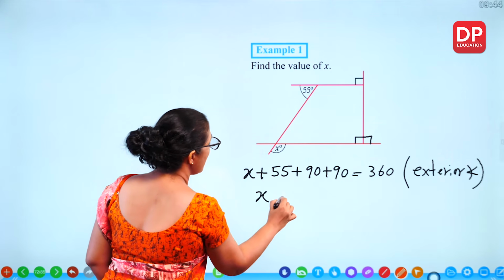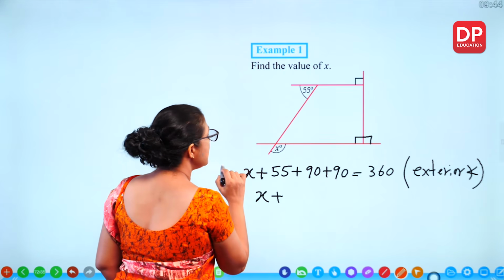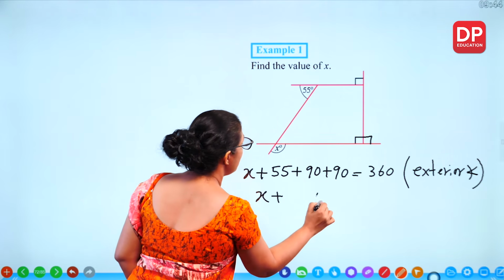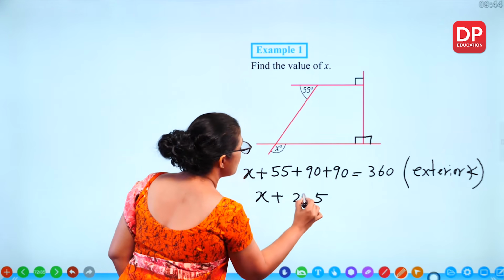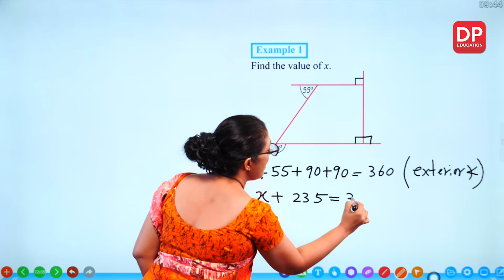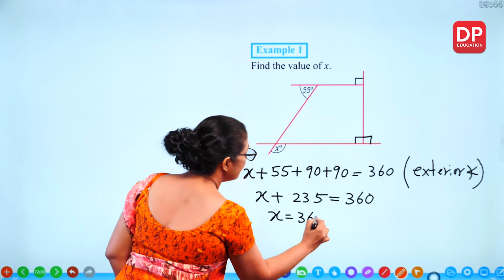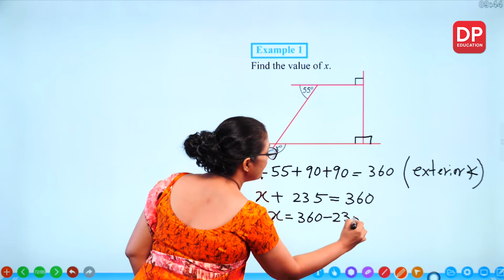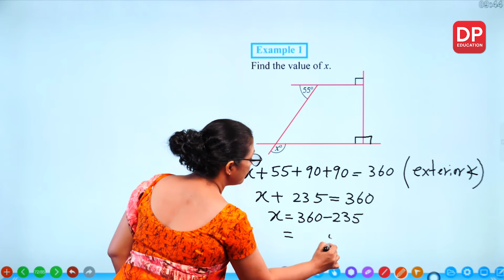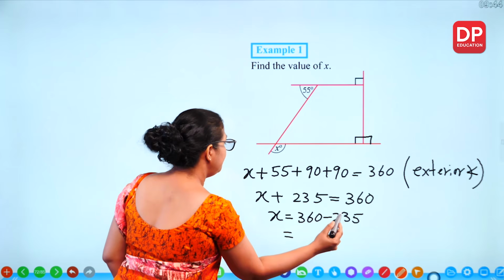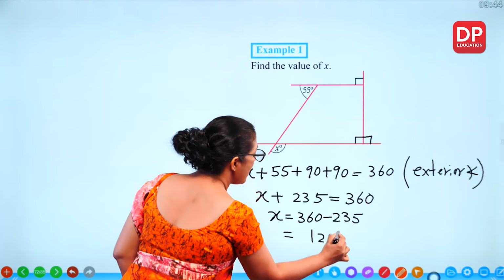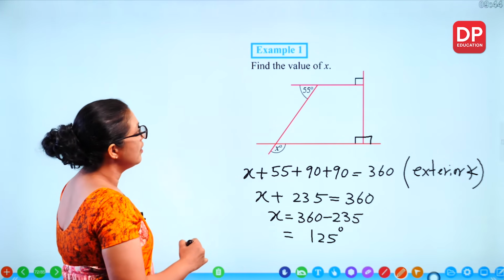X plus 180 and 55. When you add it, 235, and subtract 235, we get 125 for x.